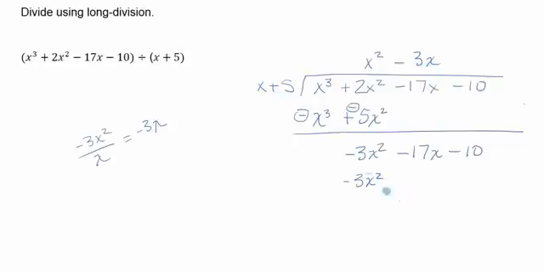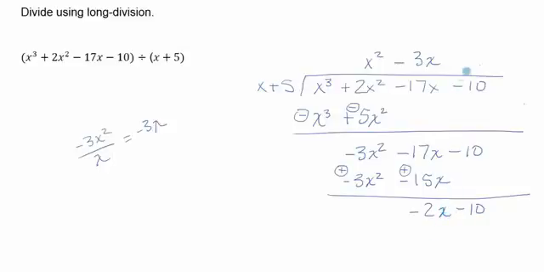Negative 3x times 5 is negative 15x. And we draw our line, change our signs, and combine down. So negative 3x squared and a positive 3x squared is gone. Negative 17x and a positive 15x is negative 2x, and we're carrying down the minus 10. Okay, so that's 2 cycles of division done.